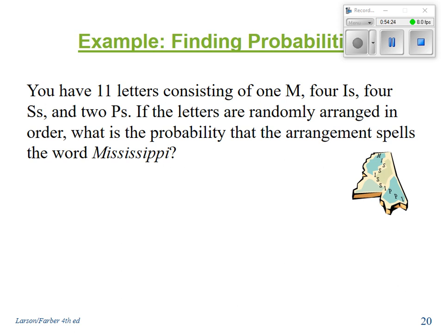You might guess whether the arrangement spells the word Mississippi. What's the probability that we have all these letters in a hat somewhere and we're picking them out and it's gonna spell out that word?